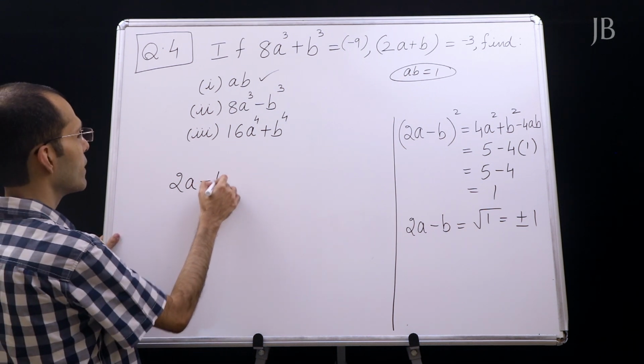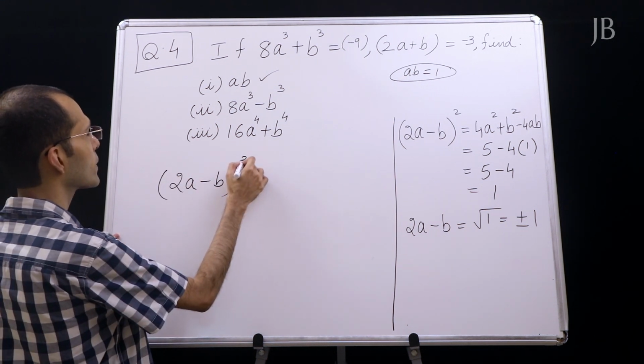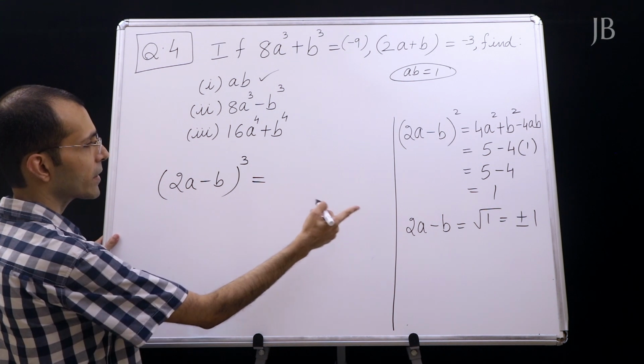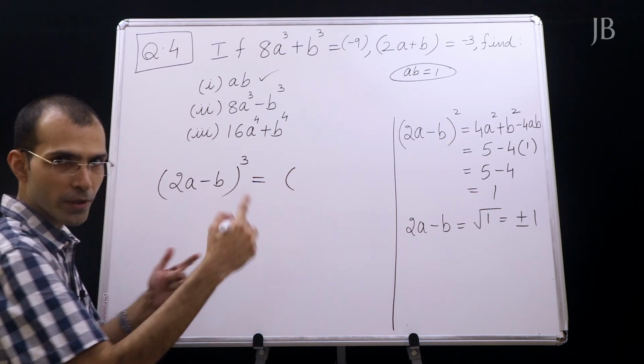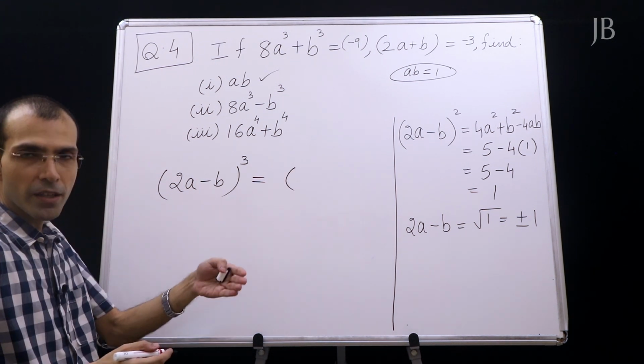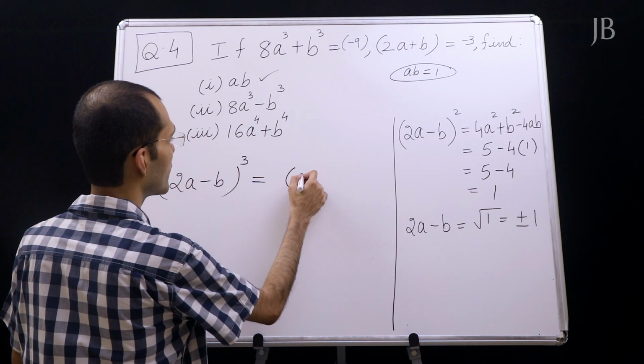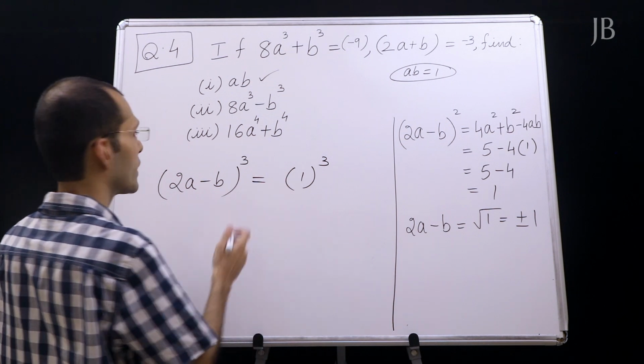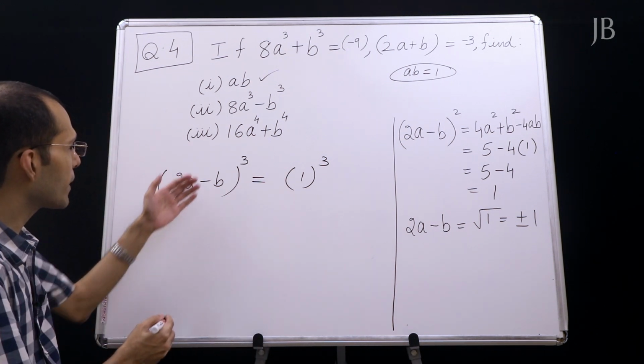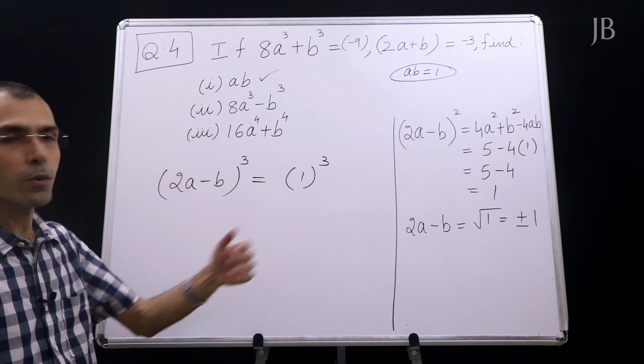So now 2a minus b the whole cube. What is 2a minus b? 1 now. I am taking the value as 1. Next part you can take it as minus 1 and work it out again. This will be 1 cube, isn't it? If 2a minus b is 1, 2a minus b the whole cube will be 1 cube.